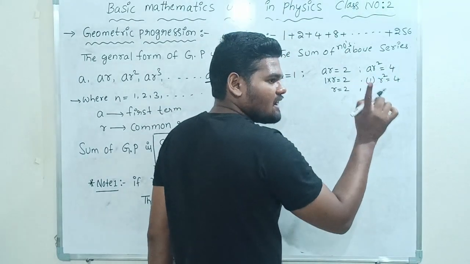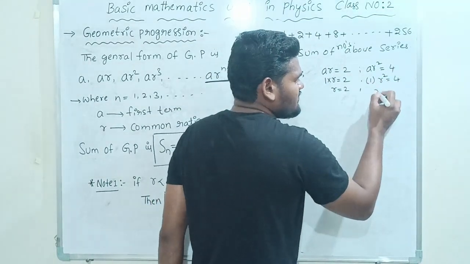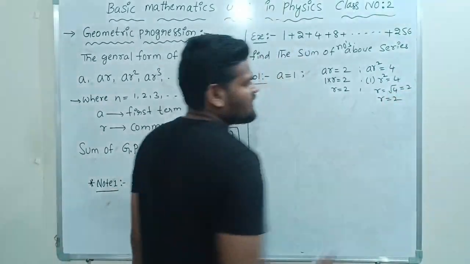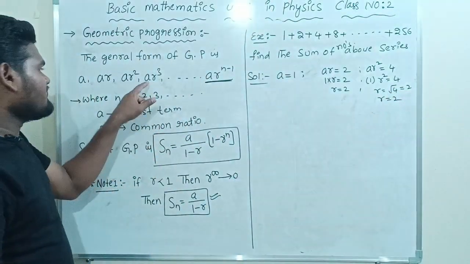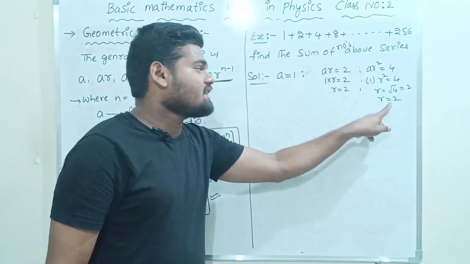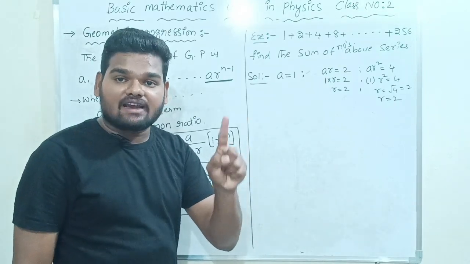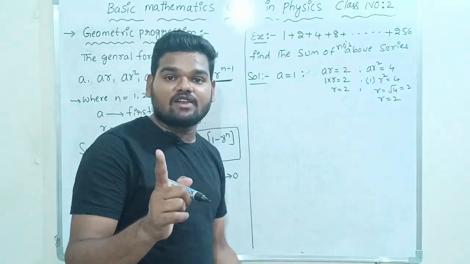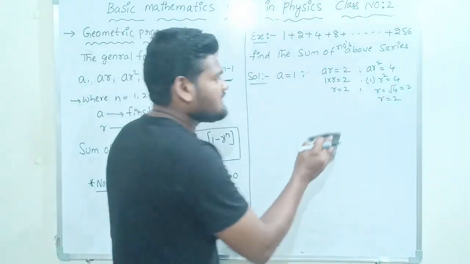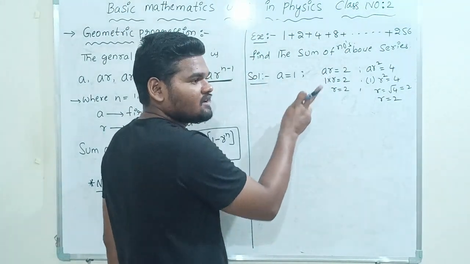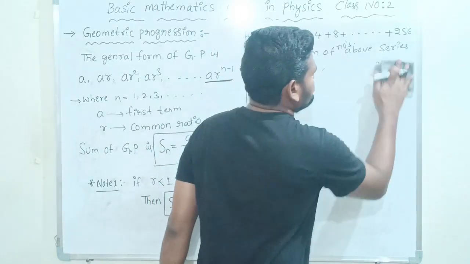If the square comes to this side, it becomes root 4, and the value of root 4 is 2. If you do the same for AR cube, you will again get R equal to 2. That means the value of R is 2. Is it clear? Did you understand how to find the value of R? Right, thank you.